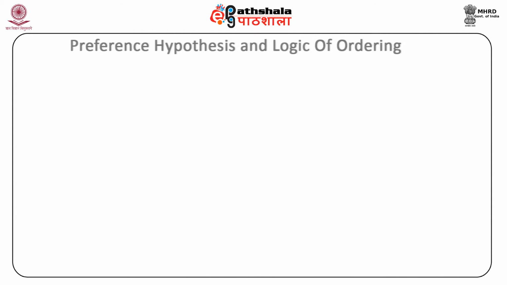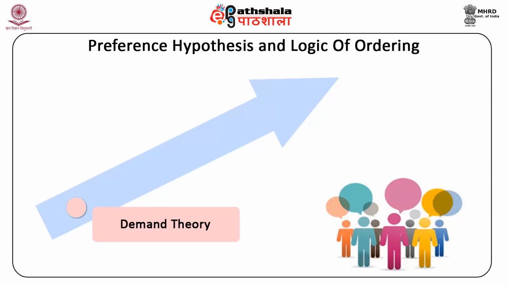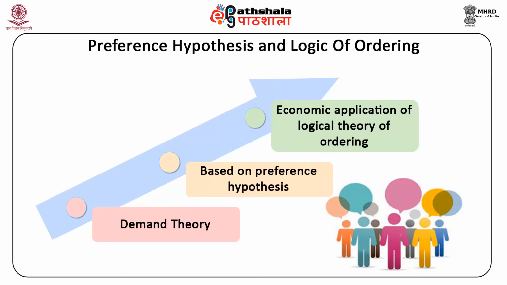Hicks, in the revision of demand theory, started from the logic of ordering itself rather than its geometric application. According to him, the demand theory, which is based on the preference hypothesis, turns out to be an economic application of the logical theory of ordering.